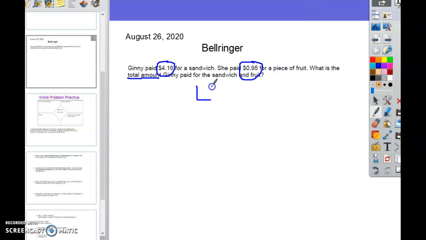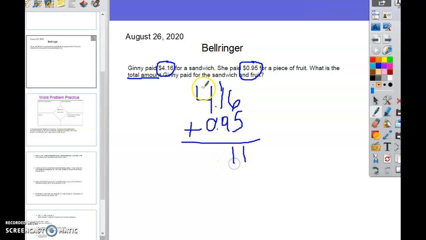So we would take $4.16, and we would add 95 cents to that. A little off there, my mouse is hard to write with. 95 cents, and then we would just add those together. So 6 and 5 is 11, 9, 10, 11, and 5.